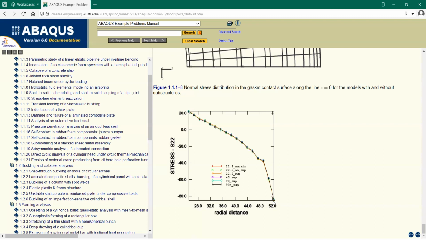So exactly here at 52, there is compressive normal stress. It is close to 80. This is compressive because there is a negative sign. Whereas on the inner side, there is a tensile stress, which has a magnitude of 20. And what units are these?